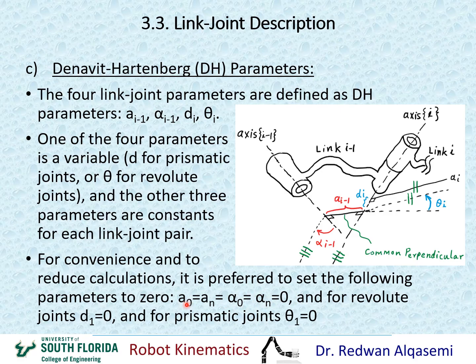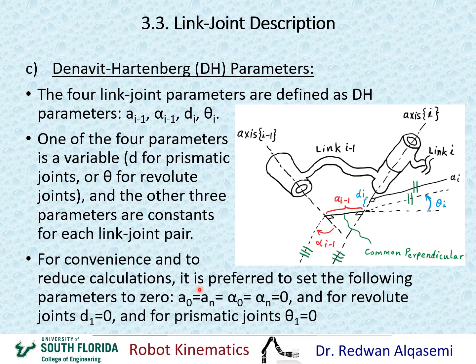So a_0 is the link description constant for link 0, the ground, and a_n is that link description constant for the last link, the end effector. And then alpha_0 is the twist angle for the ground, and alpha_n is the twist angle for the end effector, which is at the very end of my robotic chain.